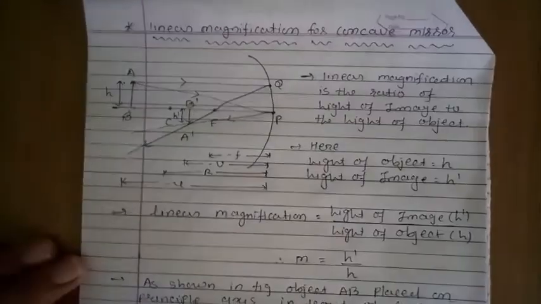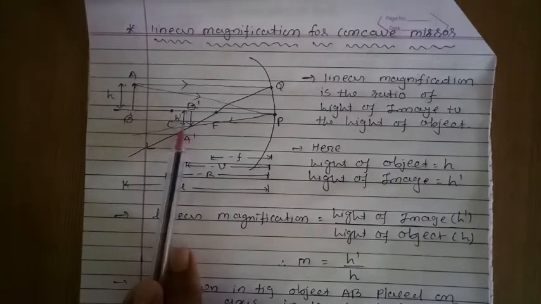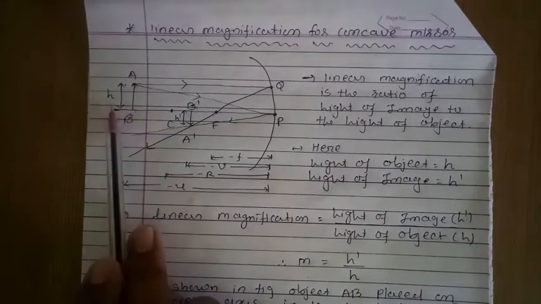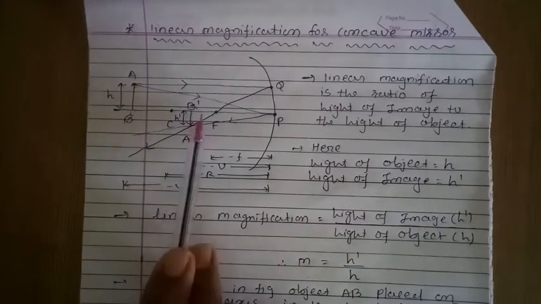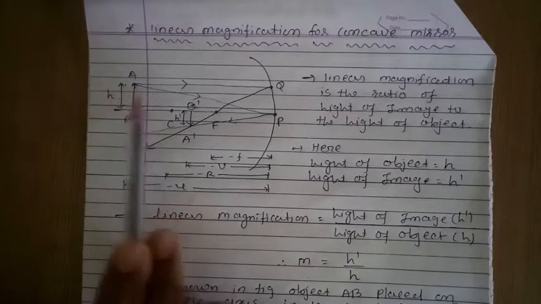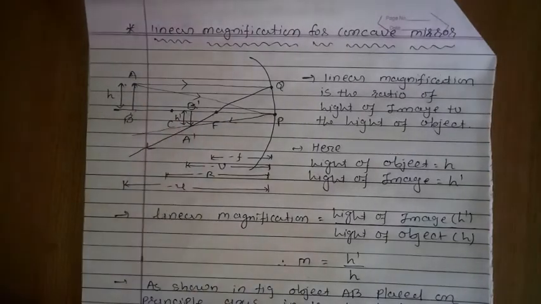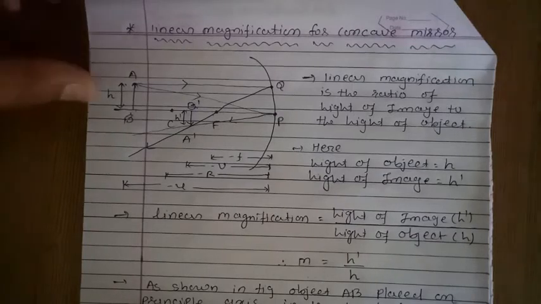Here A dash B dash, the height of the image, is h dash, and AB, the height of the object, is h. AB is upward from the principal axis, so we take h positive. The image height h dash is downward from the principal axis, so we take h dash negative.